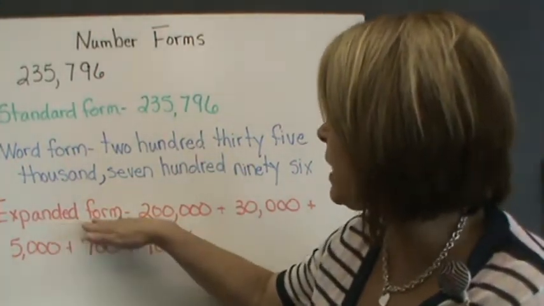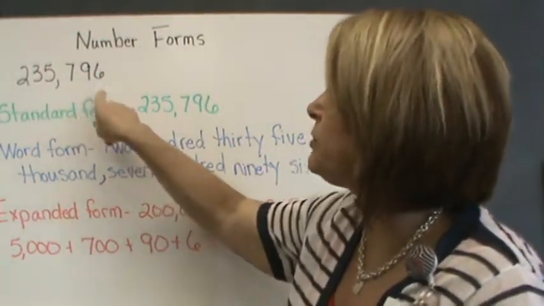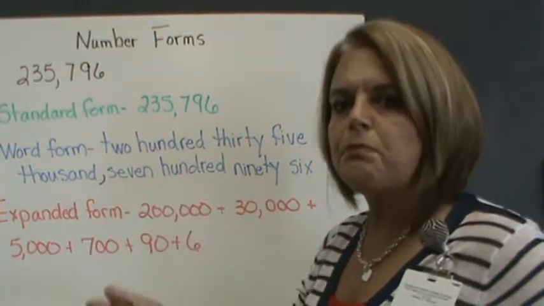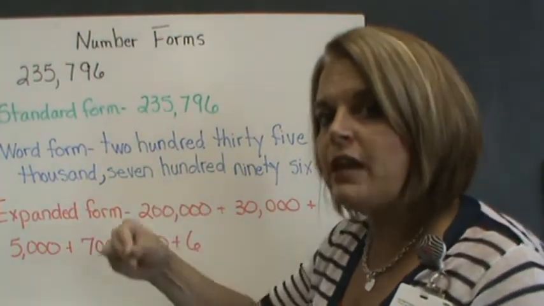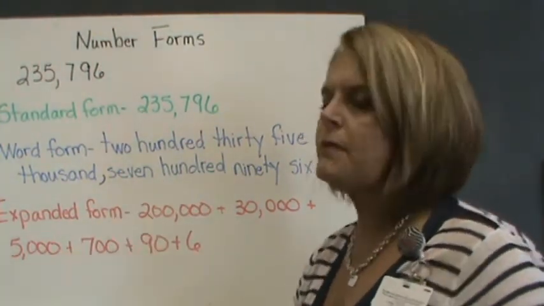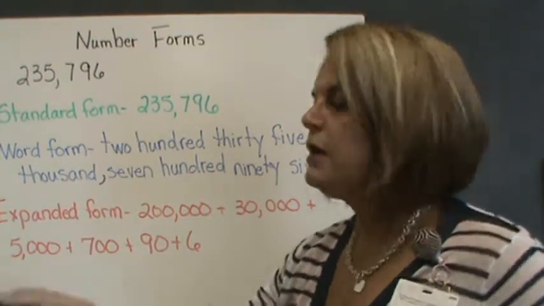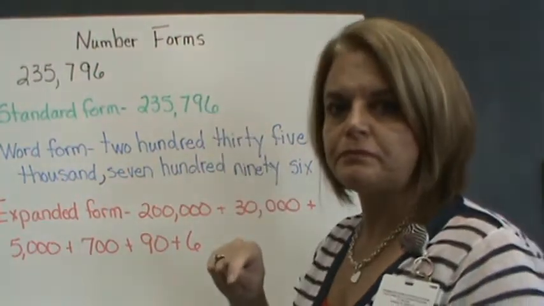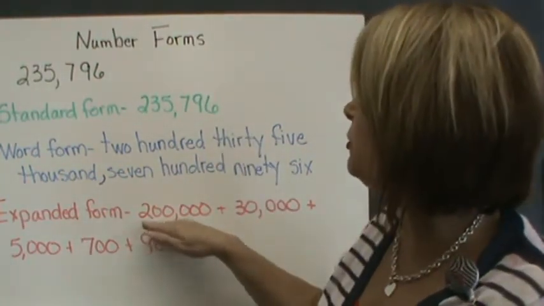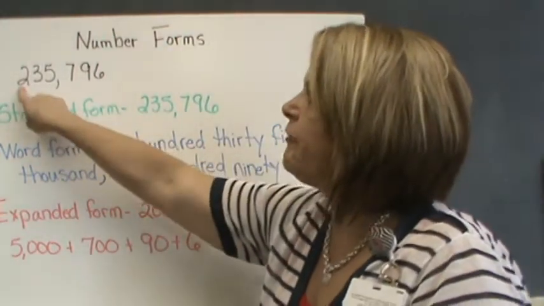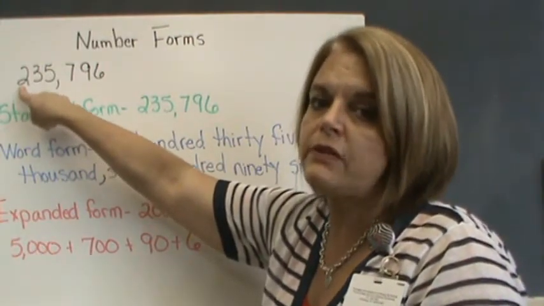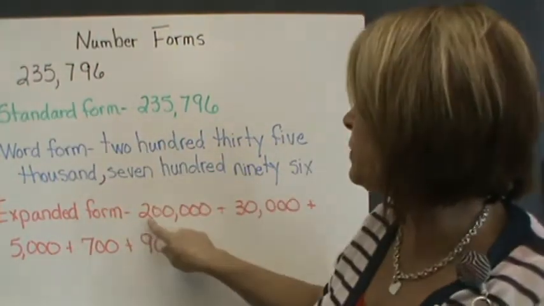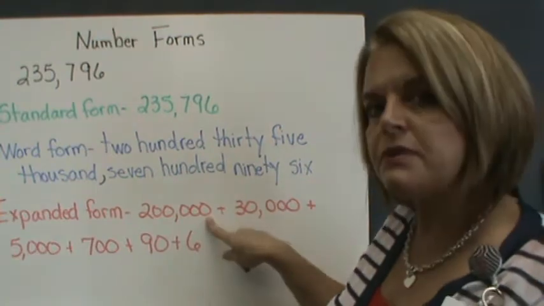And finally, expanded form. If I break this number down into each of its parts and tell the value of each digit, when something expands, it gets bigger. So all of this is this number. But I need to know the value of each of the digits. What is the value of the 2? Well, it's in the hundred thousands place, so it's worth 200,000.